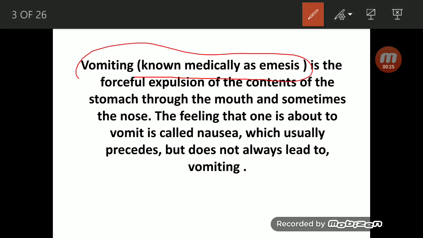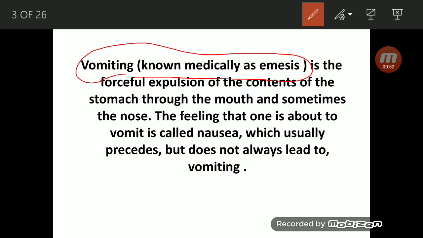Vomiting, as you all know, is generally a forceful expulsion of the contents of your stomach through your mouth, and sometimes the expulsion from your stomach may come out through your nose as well. The feeling that you want to vomit is known as nausea, which normally arises before you vomit.